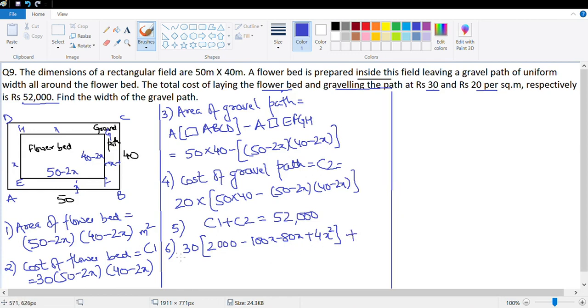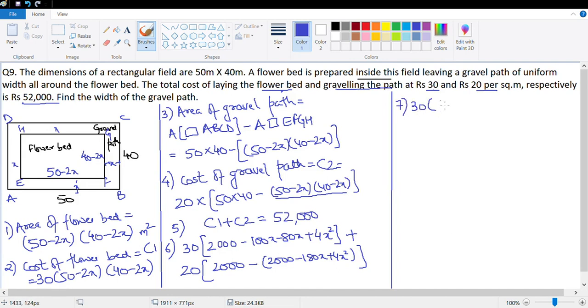Plus, let's look at C2, which is 20 times 50 into 40, that's 2000 minus, and what we have here is exactly what we just calculated, 2000 minus 180x plus 4x squared. Let's just reconfirm. Yes. Perfect.